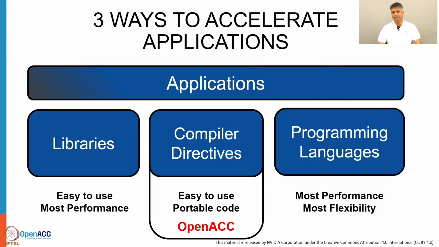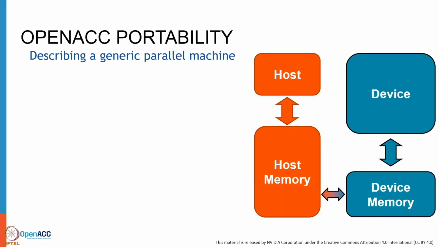Obviously, if you want to have the maximum performance, you have to go deeper and program it specifically, and that gives you the most performance and also the most flexibility in terms of targeting the different computer hardware.